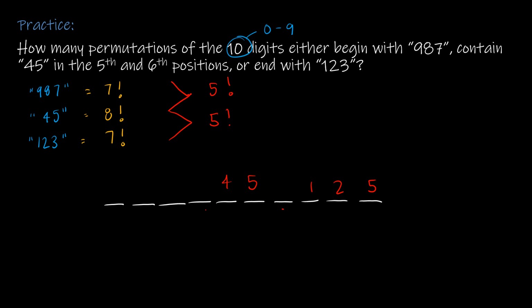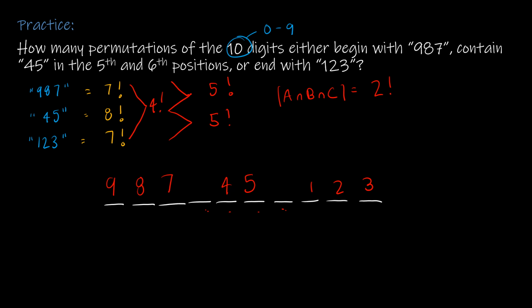Then I'm going to find the intersection of these 2 sets, which means it starts with 987 and ends in 1, 2, 3, which means there are 4 spaces left. And then finally, I need to find what happens when I find the intersection of all 3. So this is A intersect B intersect C, which is if I have 987, then 4, 5 here, and then 1, 2, 3, which means there are just 2 left and 2 digits, so 2 factorial.